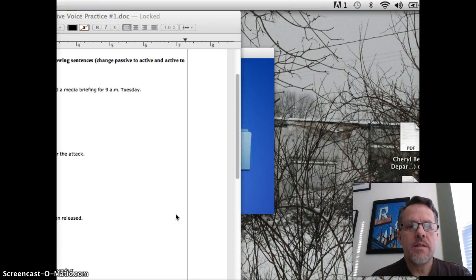The next sentence is, the gunman's name has not been released. This one could be a little tricky because we don't have an agent in this sentence. It is a passive voice sentence because we have a form of be, has been, plus the past participle, released. But there's no agent, there's no by plus somebody. So if you want to make this into an active voice sentence, you have to figure out who the agent would be.